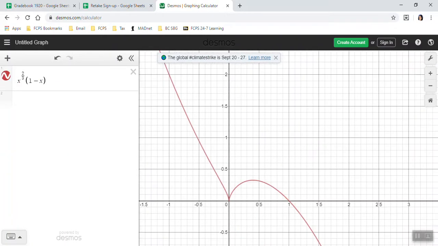So, right here, it's concave up until we hit negative 1/5, right? And then right here, we switch to concave down. And then something odd happens here at 0, but I stay concave down. You see it?